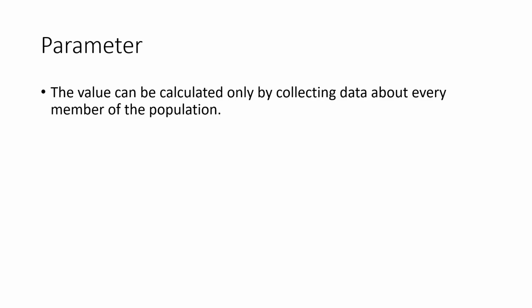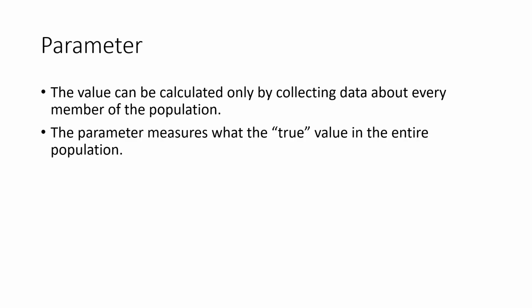So just coming back to talk a little bit more about parameters. The value of a parameter can be calculated only by collecting data about every member of the population. If we can collect that information, the parameter measures what the true value is in the entire population.